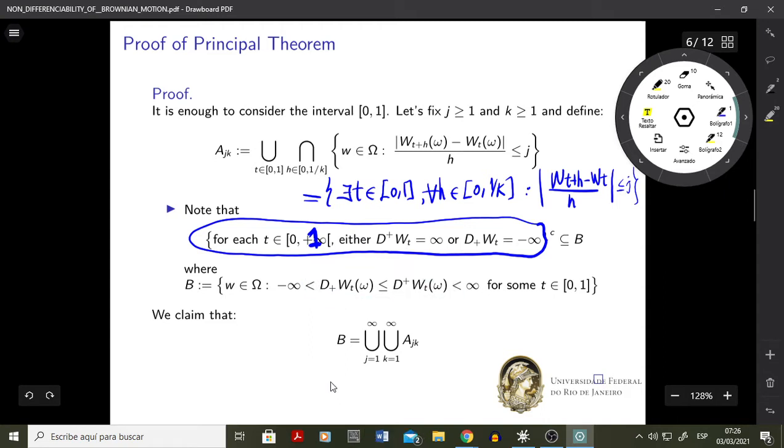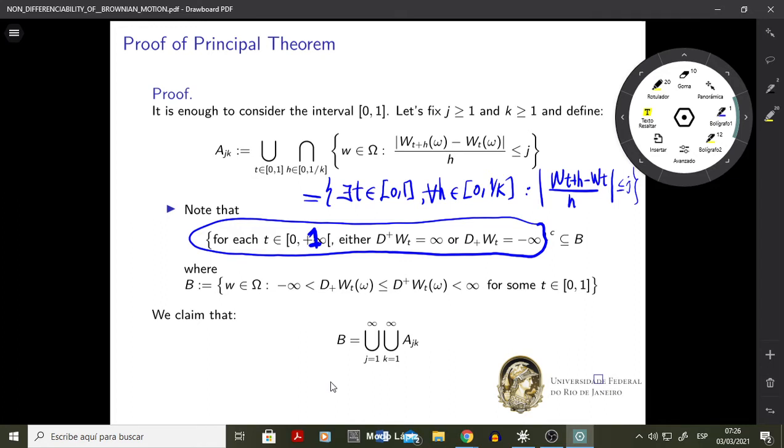The set A_{j,k} is a set where this quotient is bounded in a certain neighborhood.